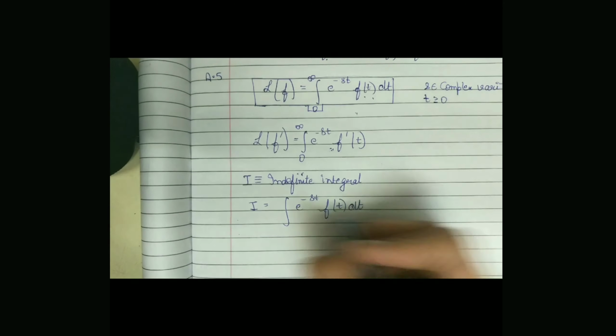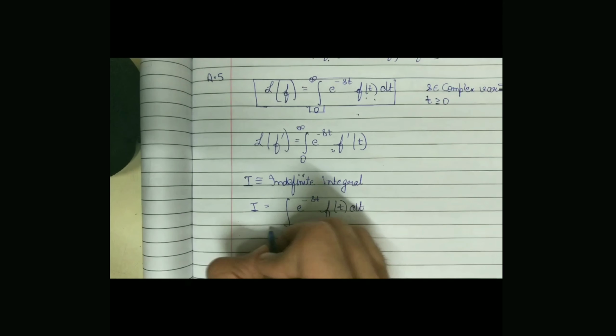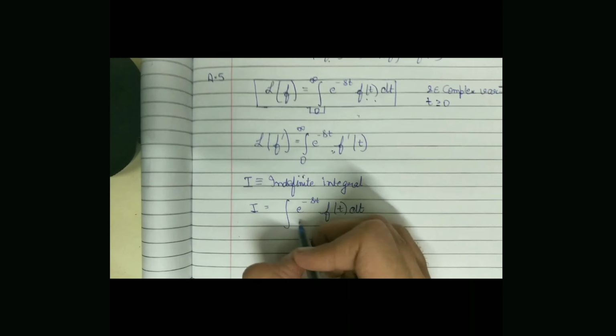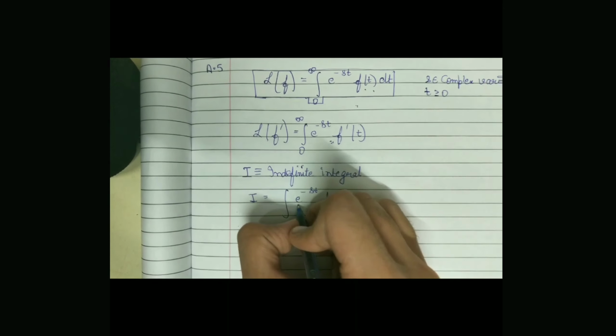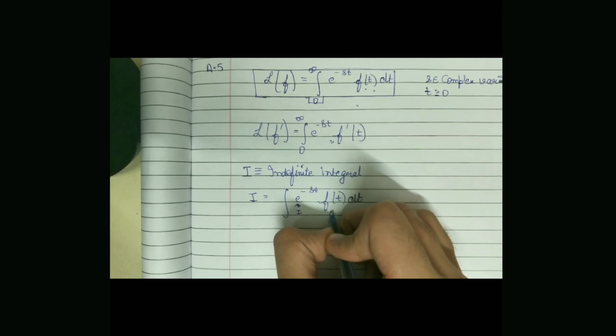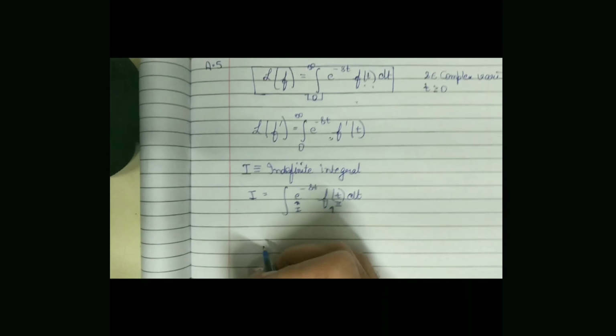I'm going to solve this integral by using integration by parts. I'm going to name e raised to power minus st as my first function, and f derivative t as my second function.